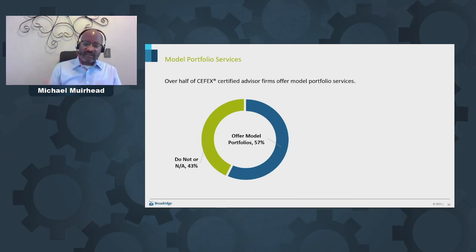Here again, we're starting to see some growth in advisory firms offering model portfolios as part of their offering. More than half of the advisors are making a solution like this available to their clients.